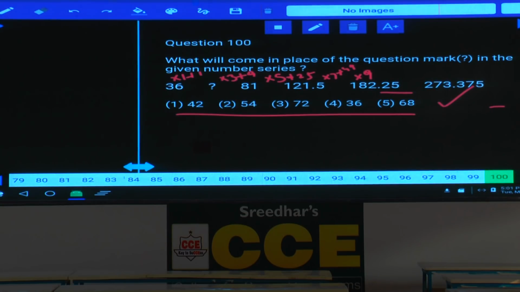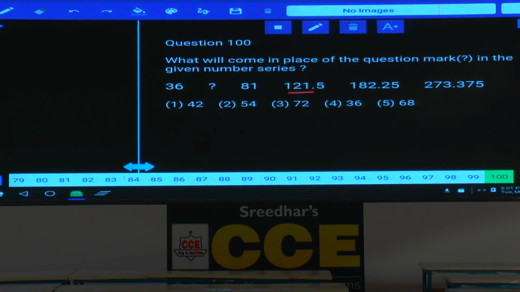Then question number 100. Now in this 100: 36, 81 and 121.5, then 182.5 and so on. Then 81 and 121.5, tell me how you can relate these two? 81 into 1 is 81, plus how much is added here? 40.5. This 40.5 can be written as 81 by 2, and this can be written as into 1.5.